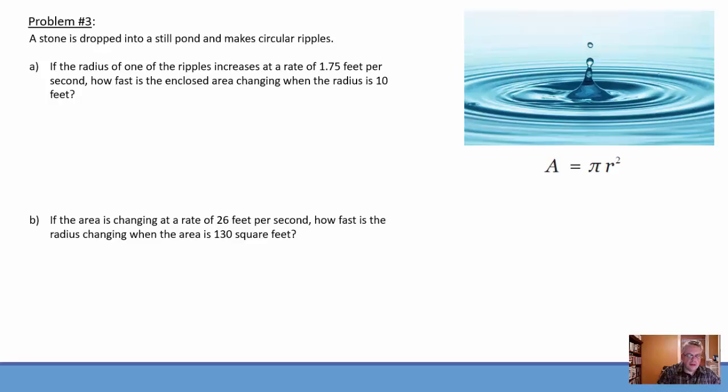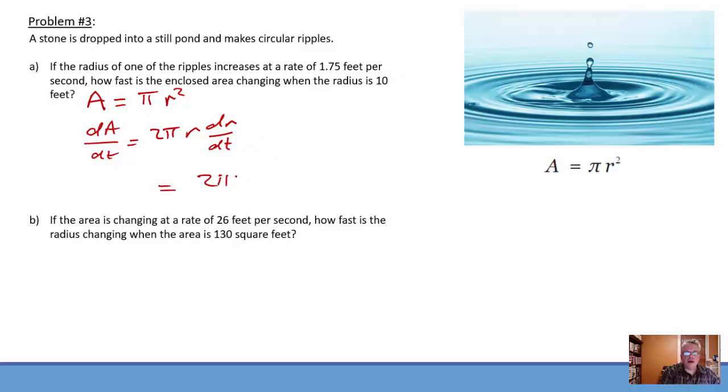Well, here we go. So this is still using the same formula. We'll switch this up in the next problem. We have area equals pi r squared, or dA/dt equals 2 pi r times dr/dt. Okay, let's substitute what we know. 1.75 feet per second, that's dr/dt, and the radius is 10.